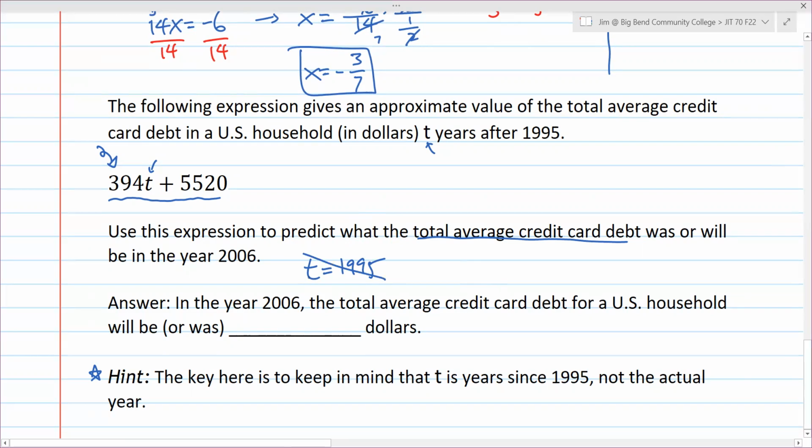That's not the right info for the variable. What we should do instead is find the difference from 1995 to 2006. If we can find the difference, then we'll get the right info. And that means T equals 11.